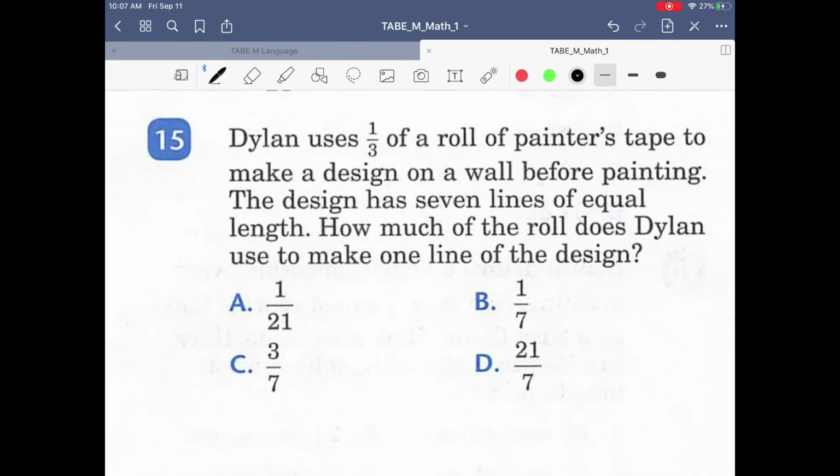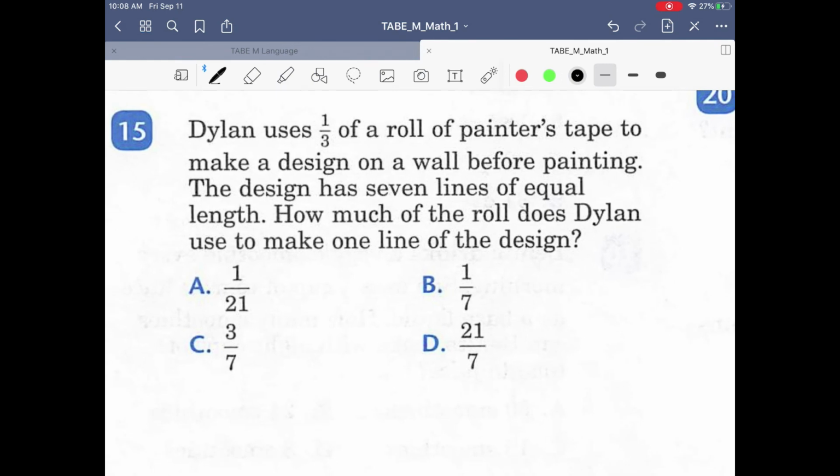Number 15. Dylan uses 1/3 of a roll of painter's tape to make a design on a wall before painting. The design has 7 lines of equal length. How much of the roll does Dylan use to make 1 line of the design? So we're breaking down 7 lines to 1 line. That's either subtraction or division.